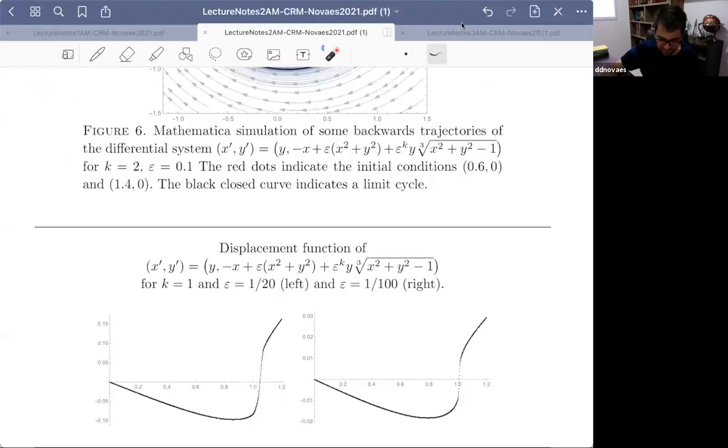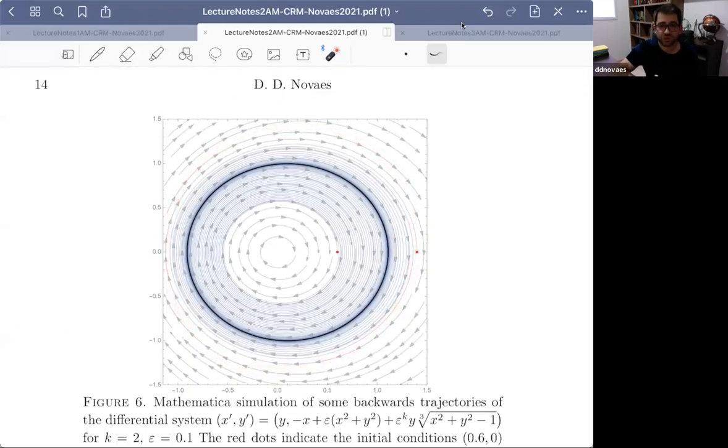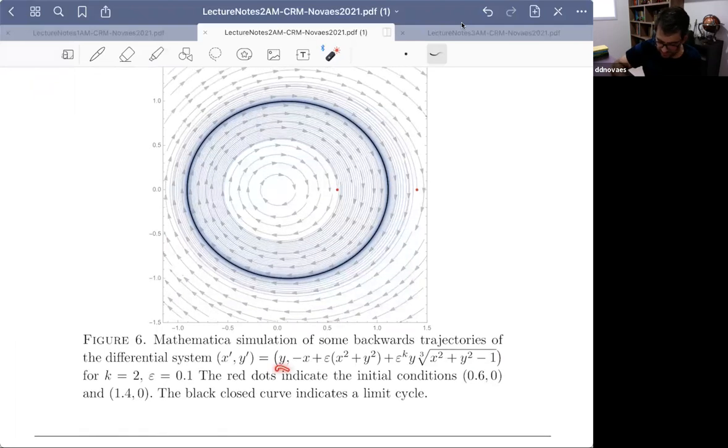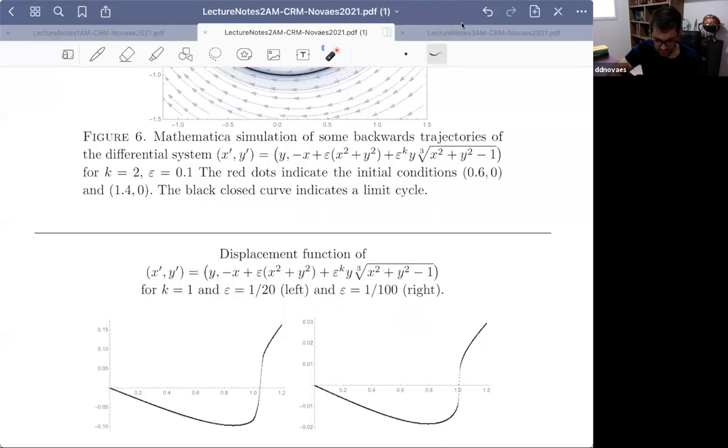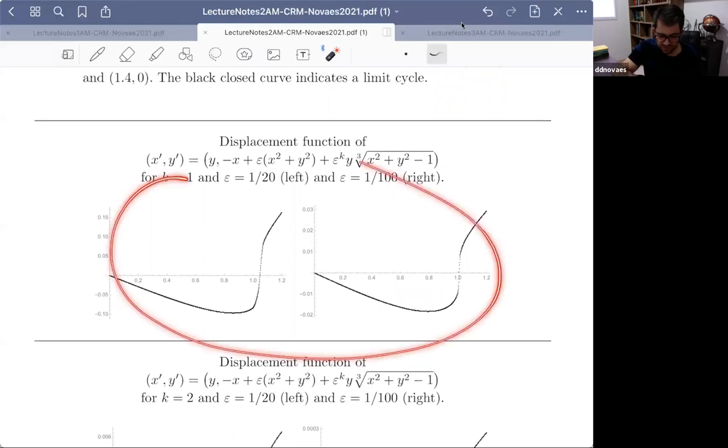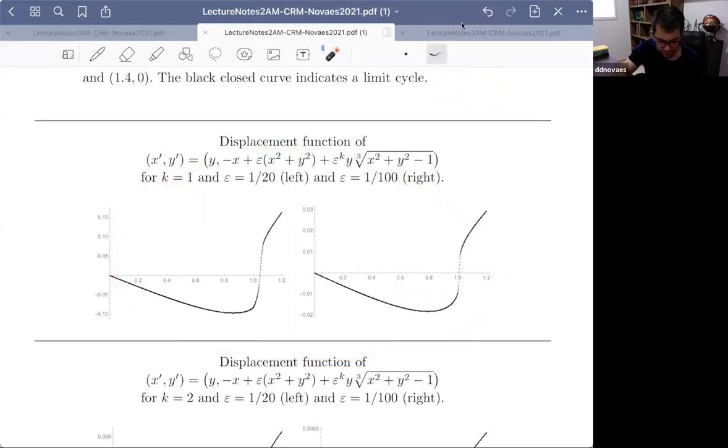Here I have run a mathematical simulation of this differential equation. We can see here the existence of the limit of a periodic solution, and the simulation was done for k equal 2 and epsilon equal 0.1. I also have simulated the displacement function varying k for several k's. Okay, so this first simulation is for k equal 1, and here we have epsilon equal 1 over 20, and here epsilon equal 1 over 100.